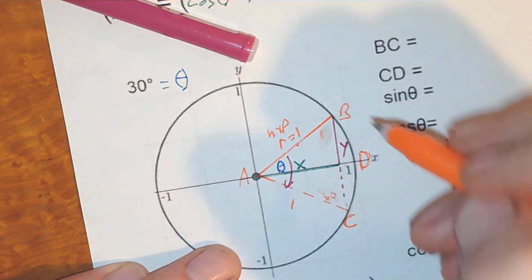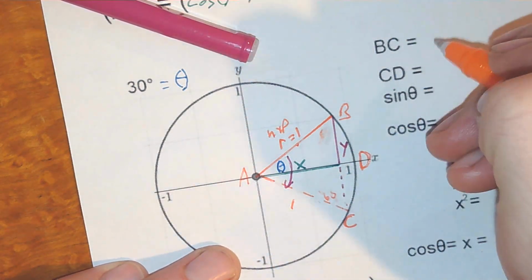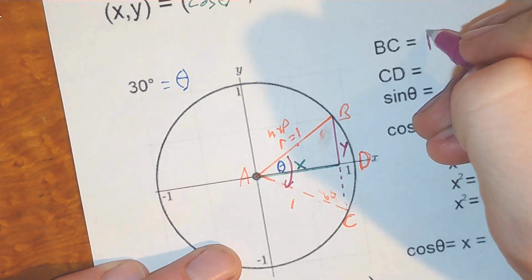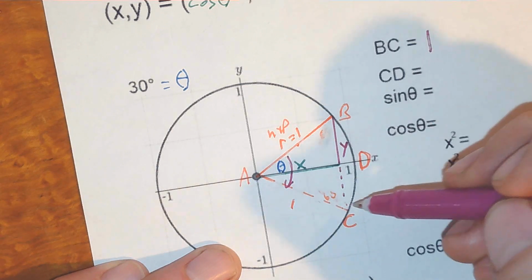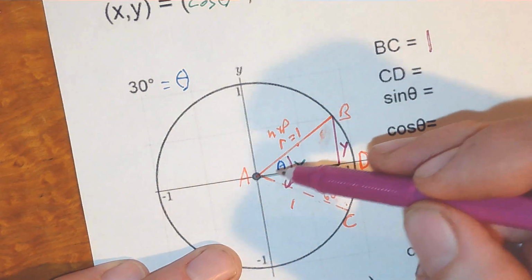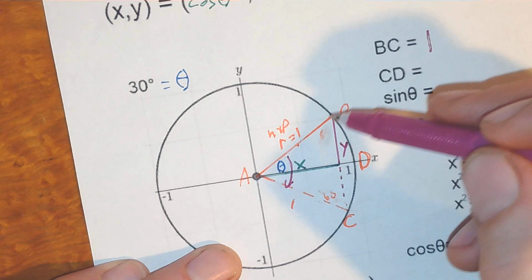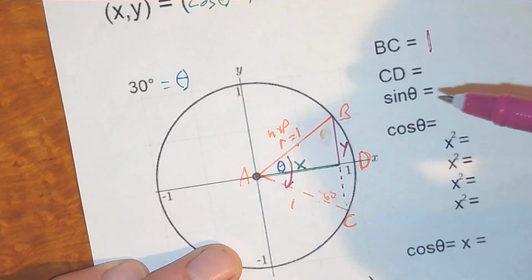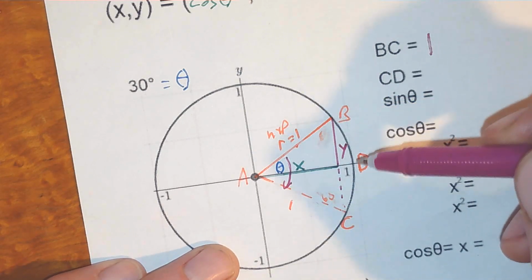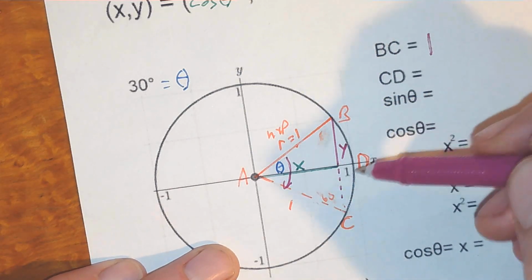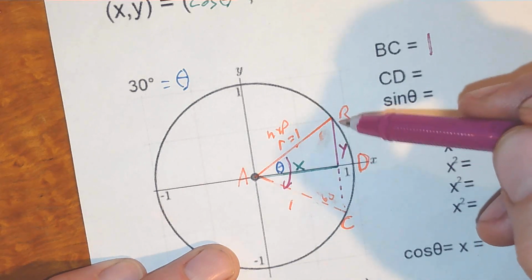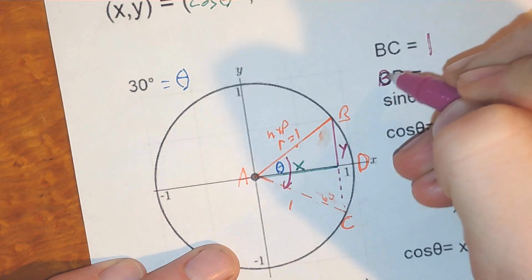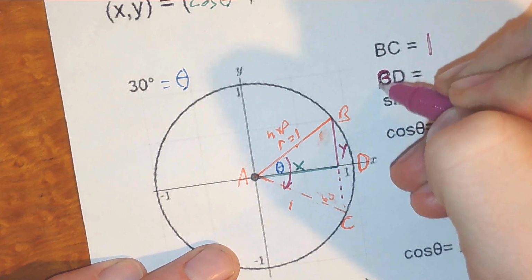Right, so BC would be equal to 1. We'll color that one as 1. BC will be equal to 1 because this is an equilateral triangle, right? All the lengths are the same. All of these would be 60 degrees. Okay. CD and BD is more applicable for what we're trying to teach.